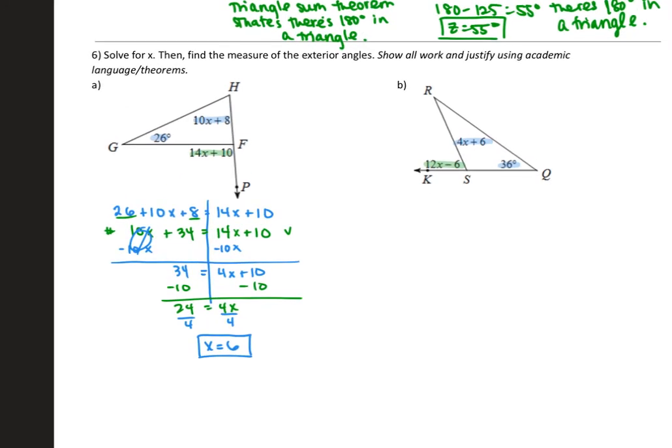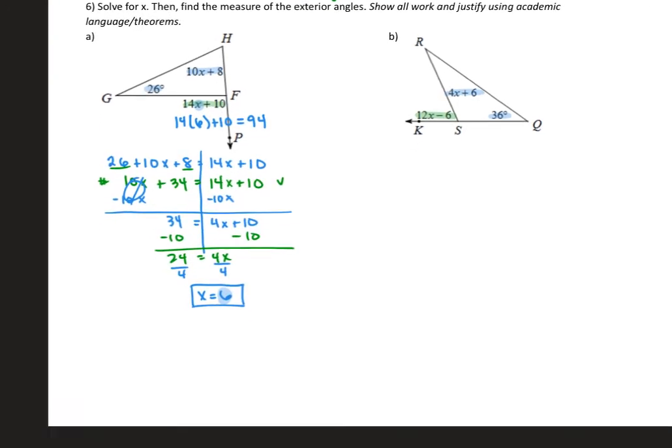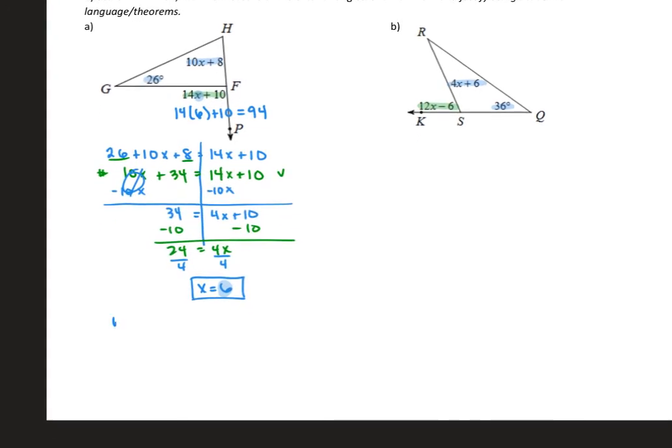Once we have that, we are going to take x and plug it in for x in my exterior angle. So 14 times 6 plus 10. So 14 times 6 is 84 plus 10 is 94 degrees. So the measure of angle GFP, which is my exterior angle, is 94 degrees.